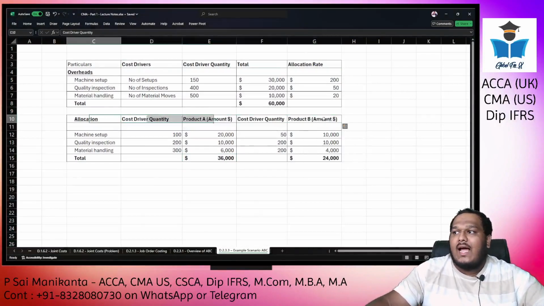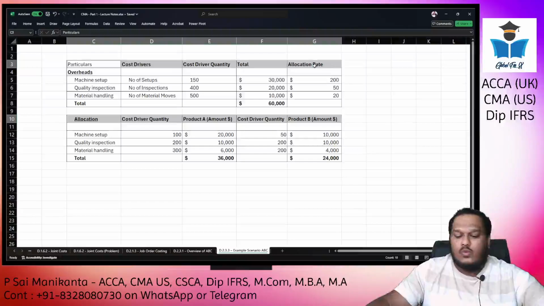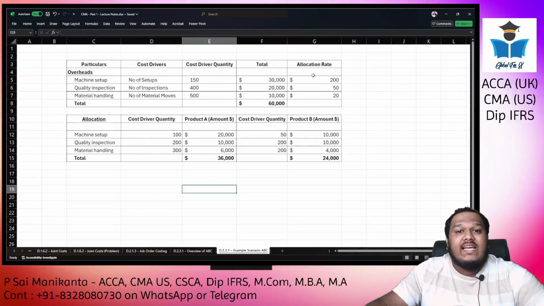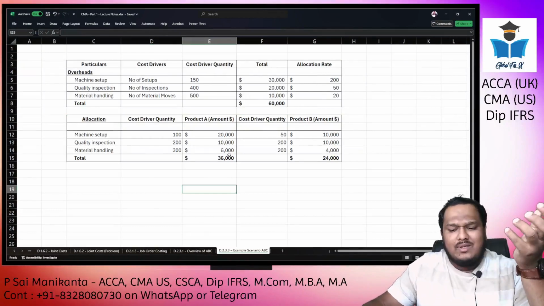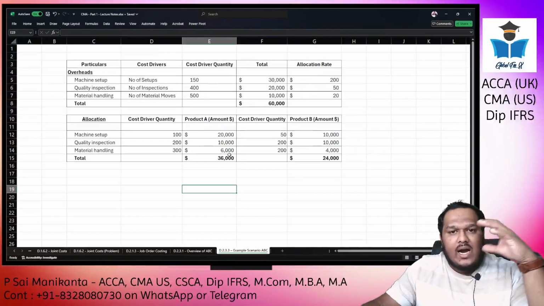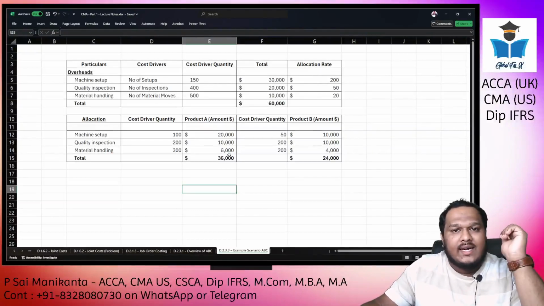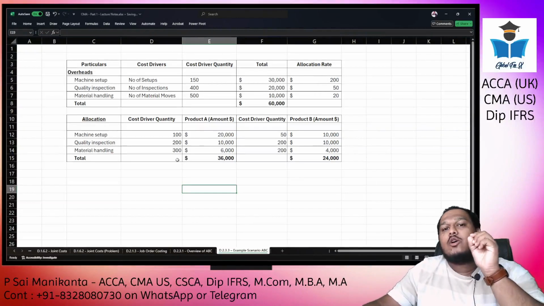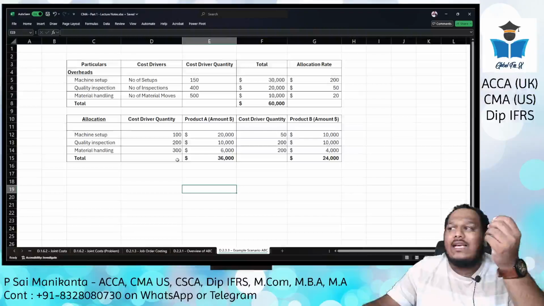So what happens under ABC? First, we calculate the cost per unit, the allocation rate, for each of the overhead expenses. Take the overheads total amount, then understand each individual expense in that. What drives that, and what is the cost per cost driver, or allocation rate?